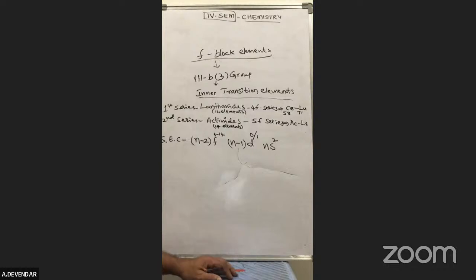And after actinium, you have the remaining elements which are present in the 5f series, that is from 90 to lawrencium 103. 90 to 103, 14 elements are present. Those are called the 5f series.